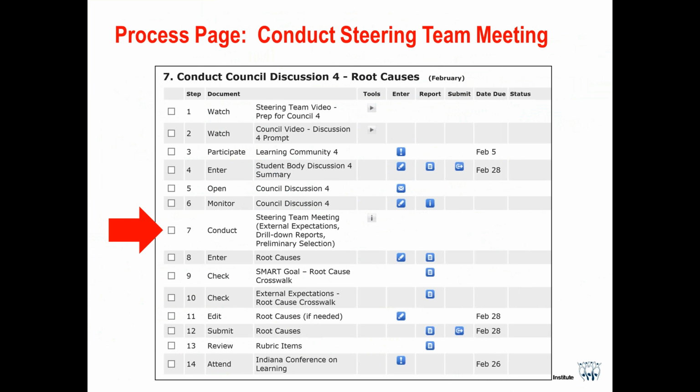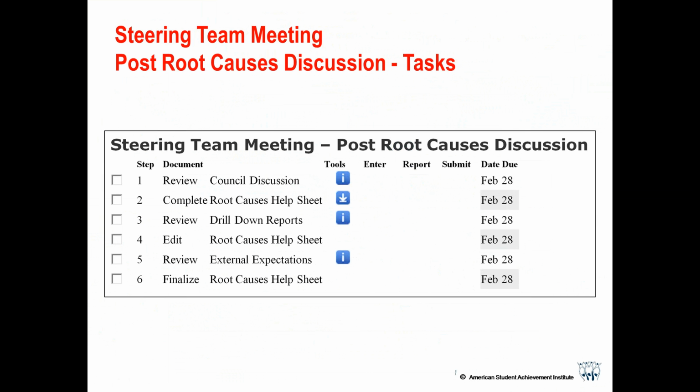When you click on the button in that row, you'll come to a page that looks like this, and this gives you a menu for your steering team meeting after the discussion to help you consider all the things you need to as you're creating the first draft of your root causes.